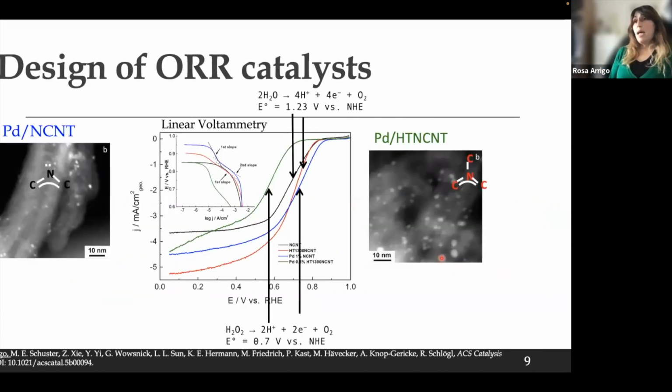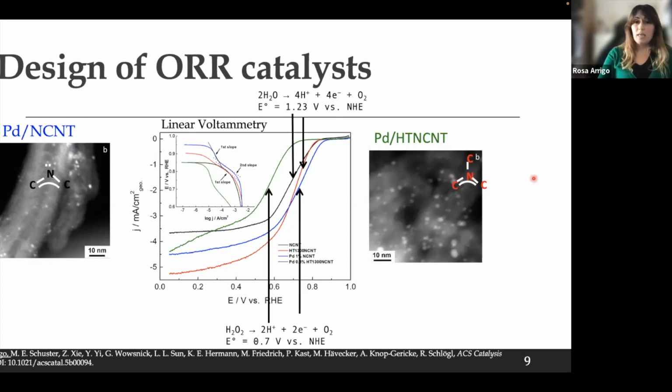We have explored what this means in terms of reactivity, and here I'm showing, for example, the reactivity data of these materials in the oxygen reduction reaction. Here the long-standing question is, what is the role of the different nitrogen species, and particularly the quaternary nitrogen?